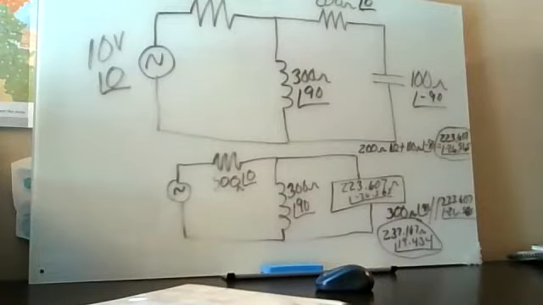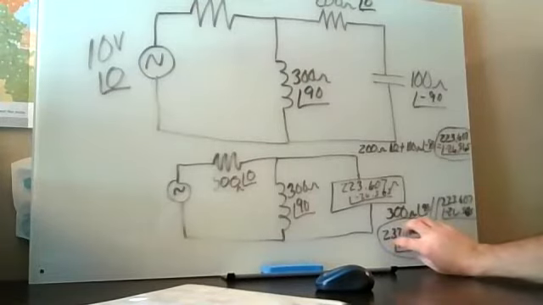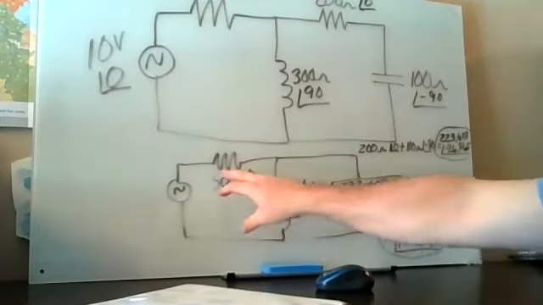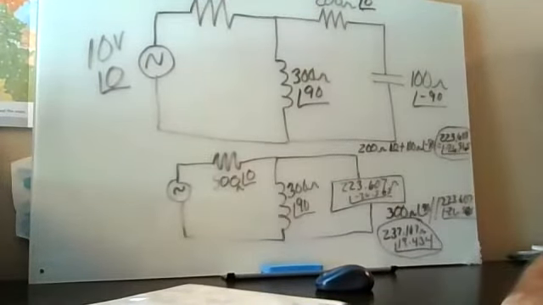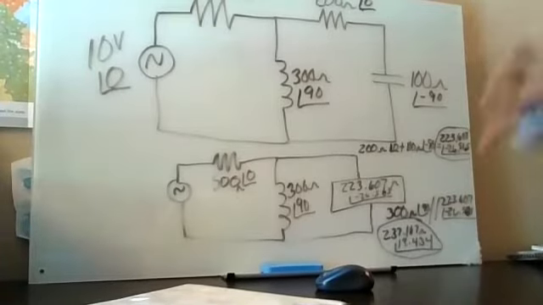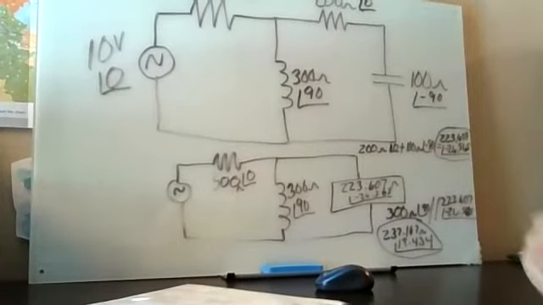Then I'm going to redraw it again and put this box in series with my 500. You open parentheses 300 angle 90, close parentheses, shift reciprocal. That way it will shift reciprocal everything inside your parentheses. Then it's plus, just like we always do.